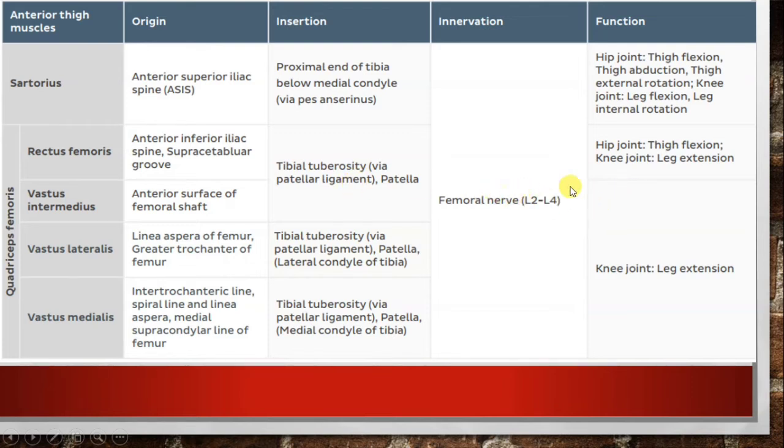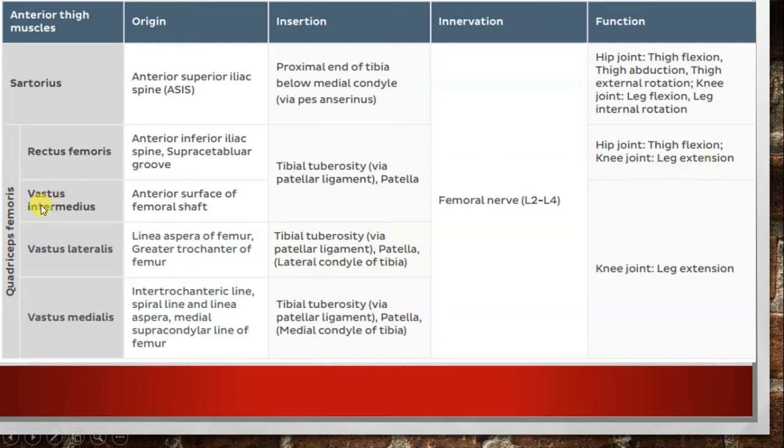Innervation I have discussed. So rectus femoris does thigh flexion at the hip joint, while at the knee joint it does leg extension.